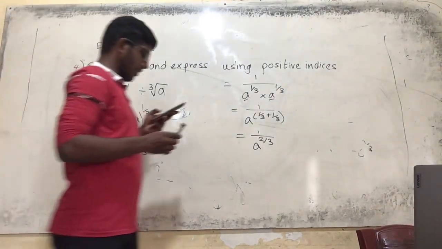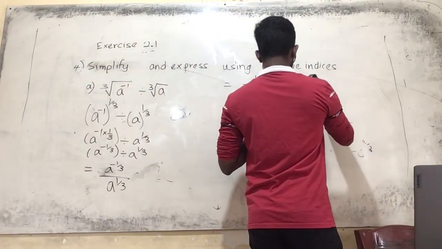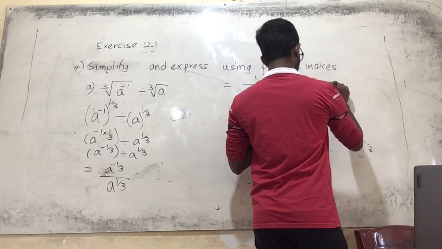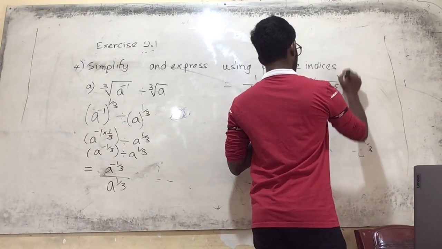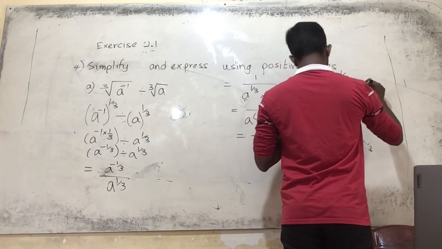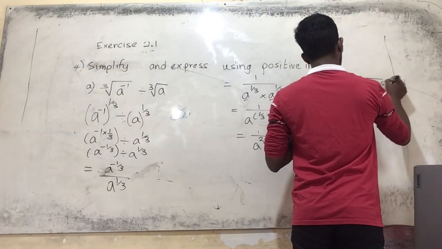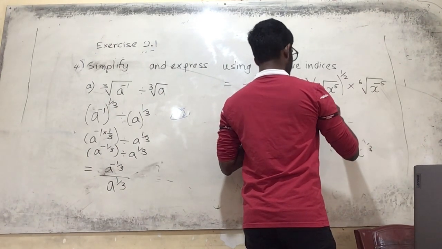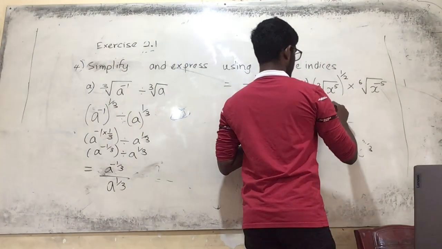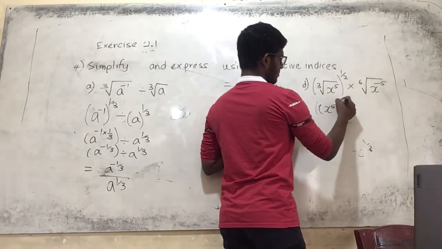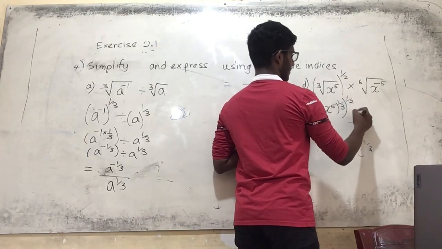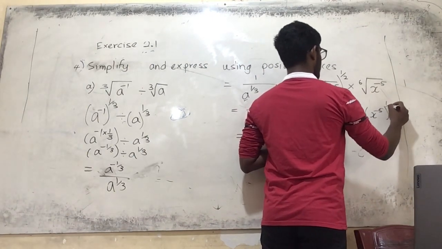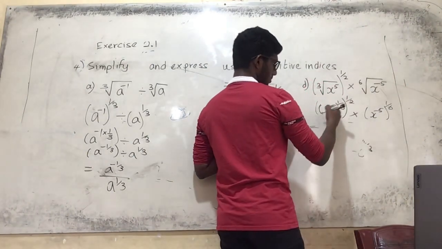So I will do one more example. I will do B. So first I am going to remove this power, and here is, next what I will do, product of these two.